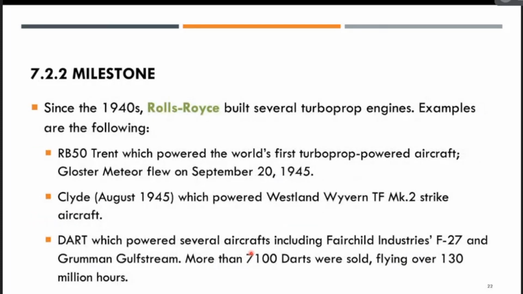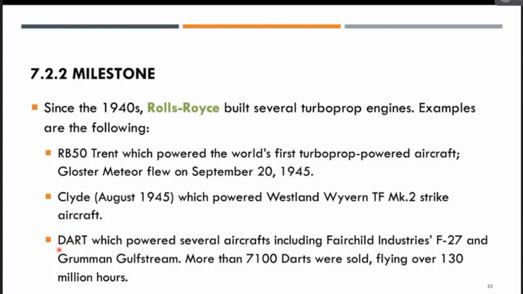Since the 1940s, Rolls-Royce in the UK built several turboprop engines. As an example, the RB50 Trent powered the world's first turboprop-powered aircraft, the Gloster Meteor, which flew on September 20, 1945. They also had another type of engine called Clyde, in August 1945, which powered the Westland Wyvern TF Mk 2 strike aircraft.